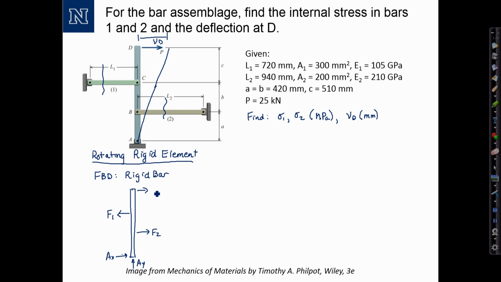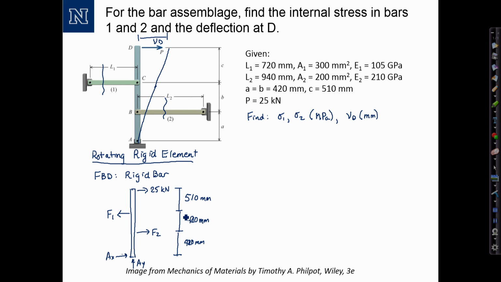And then here's my P equals 25 kilonewtons. My relative lengths between the members, I have 420 millimeters for A and B, and length C 510 millimeters.